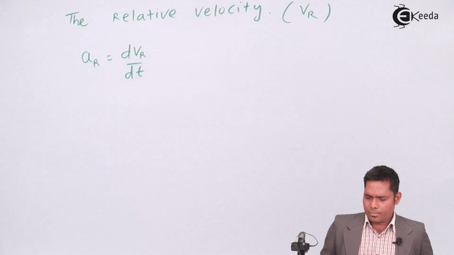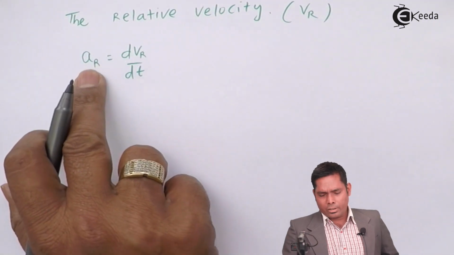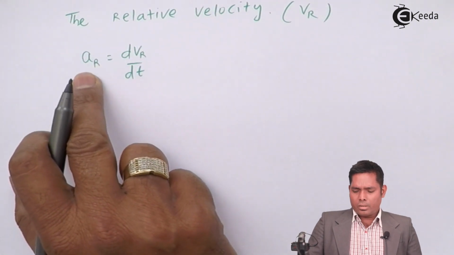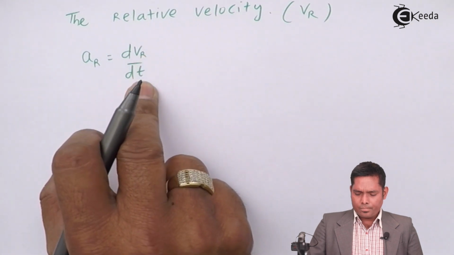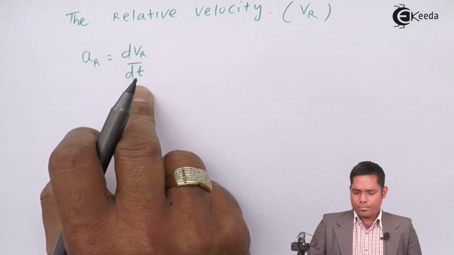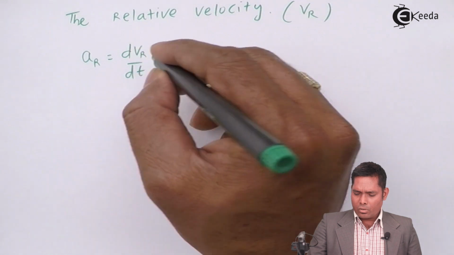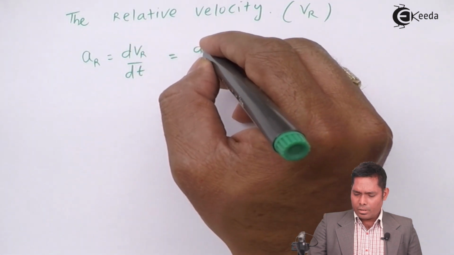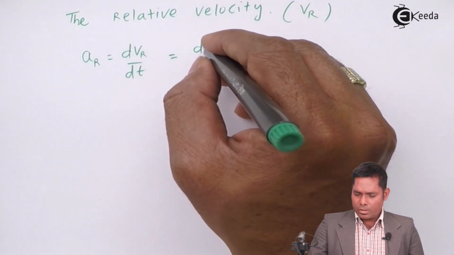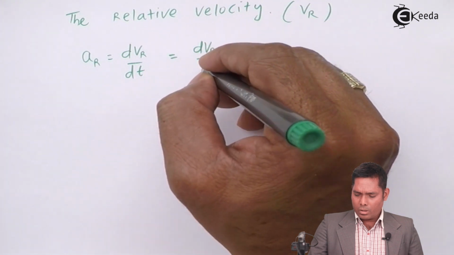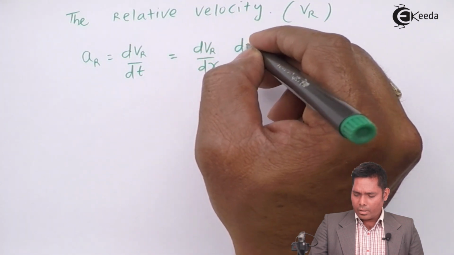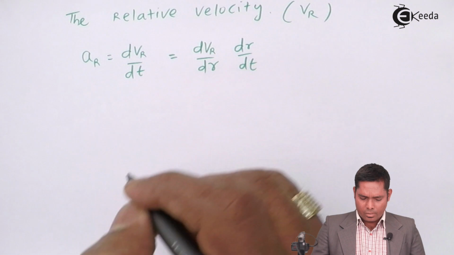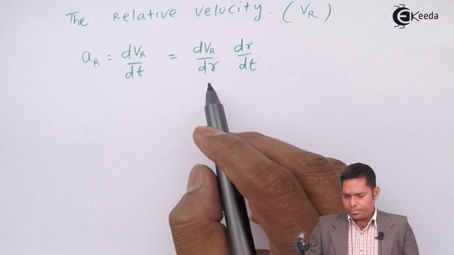I can write that the change in relative velocity with time as dVr over dr times dr over dt.